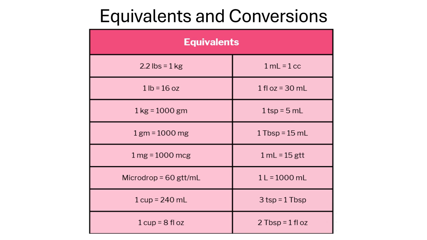Now going back to fluid ounces, 1 fluid ounce will give you 30 ml. In our houses, we use teaspoons. It's really strange that we have actual syringes. So the way to measure a drug is usually going to be with tablespoons or teaspoons. In this case, 1 teaspoon will give you 5 ml, and 1 tablespoon will give you 15 ml.